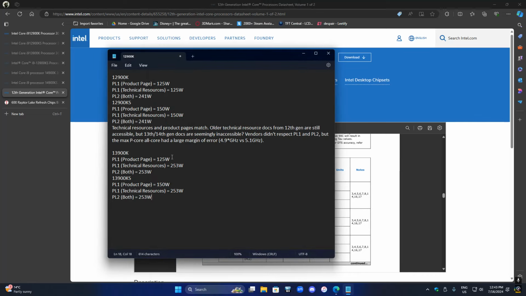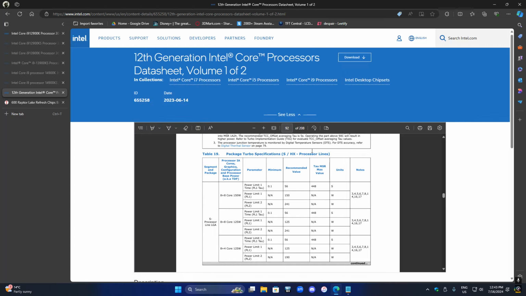So, what that means is PL1 and PL2, according to technical documentation, is wrong. It means that the technical resources, these documents, these datasheet volumes, that I'm assuming the vendors use for their own purposes, the PL1 spec was incorrect.